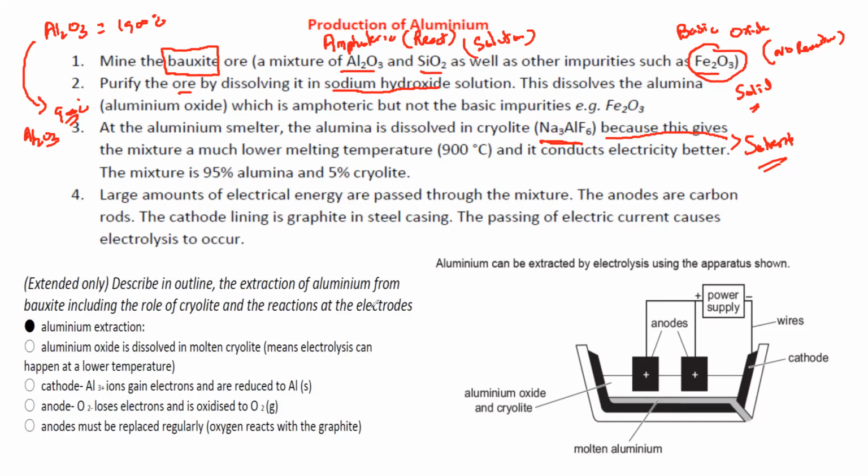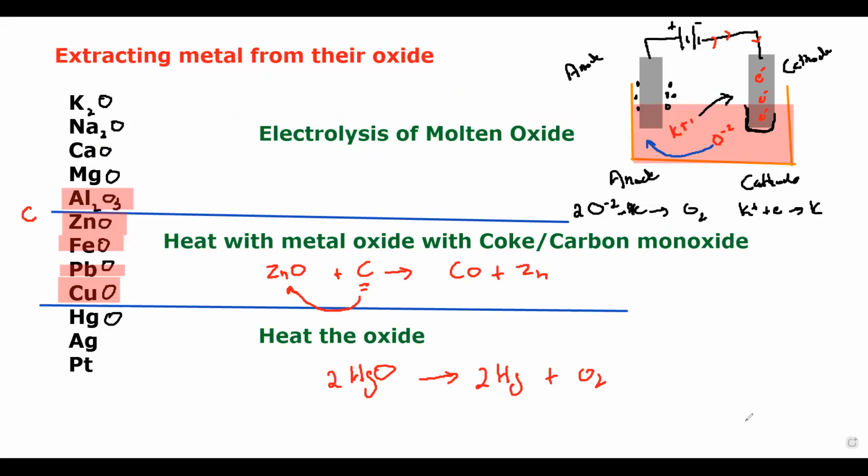So when we are carrying out the extraction of aluminum, this is an electrolytic cell. Because we are doing electrolysis, the electrolytic cell consists of anode and cathode. But what is anode and cathode?